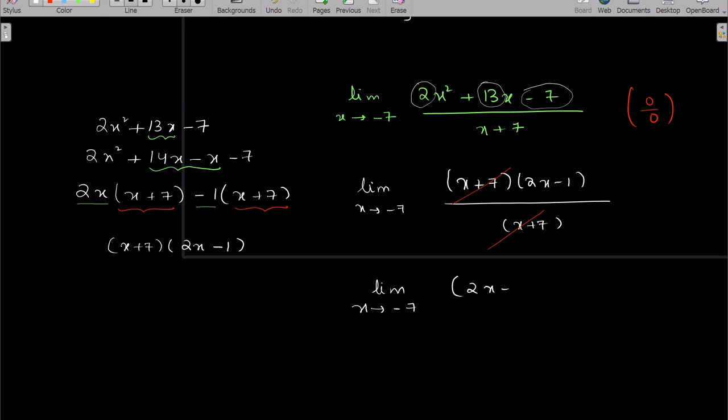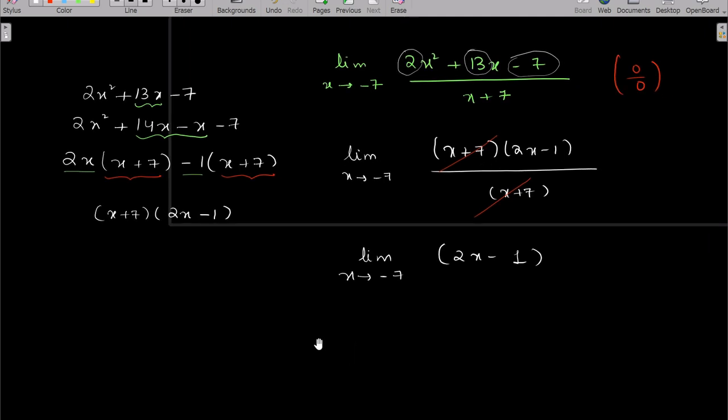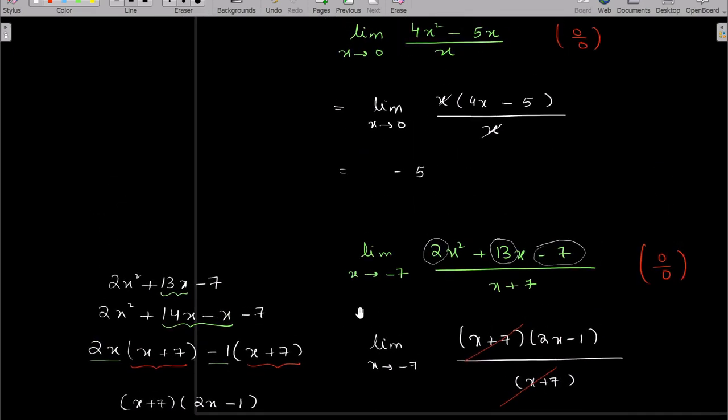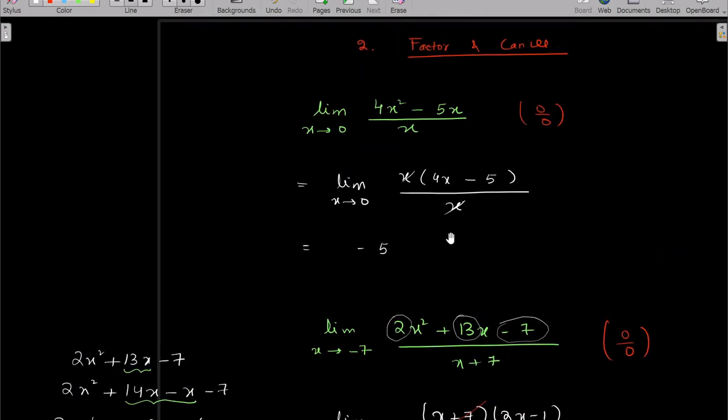That's it. Okay, so negative 15. Negative 15 will be the limit. So this is how we find limits by factor and cancel, Anika.